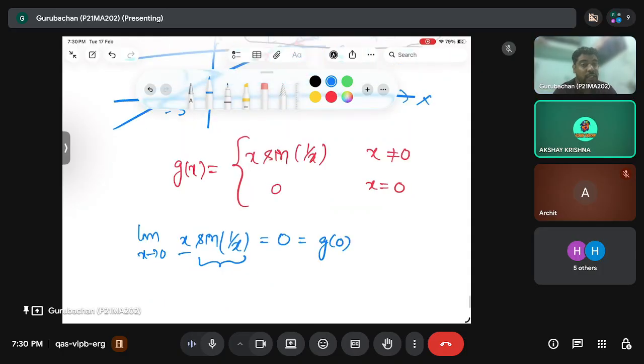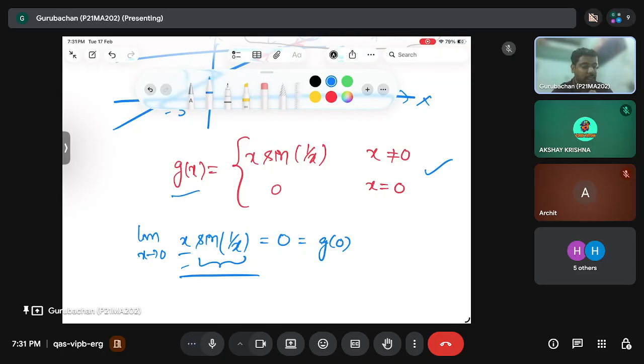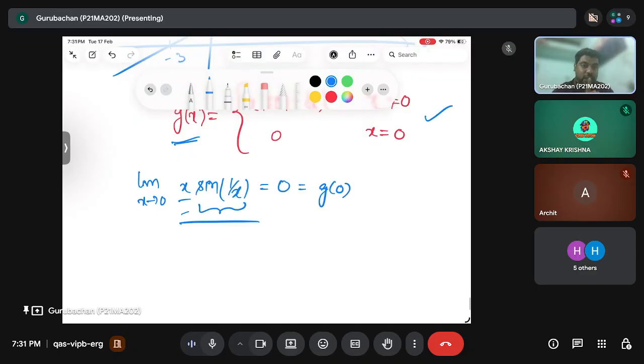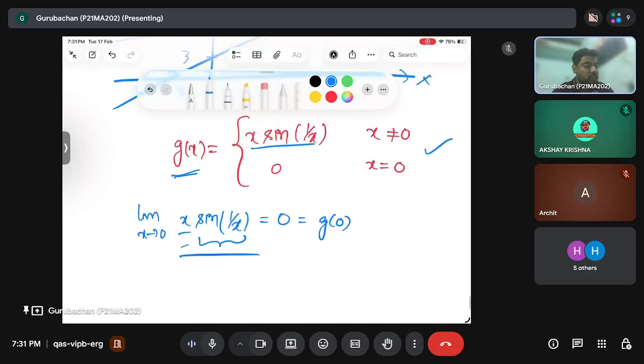Your function, earlier, was only x sine 1 by x, a function with a removable discontinuity. When extended to this function, it becomes a continuous function. So this g(x) is continuous, but when you talk about differentiability, this function is not differentiable.